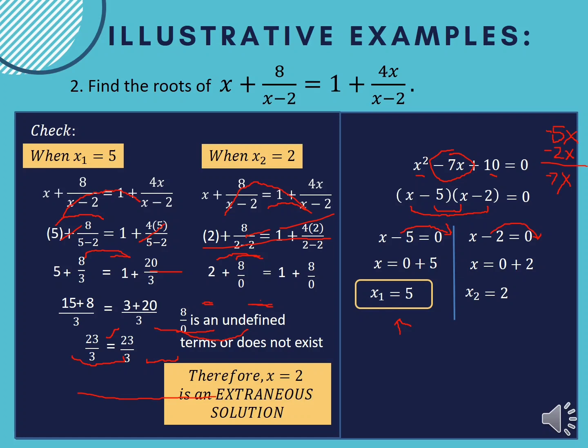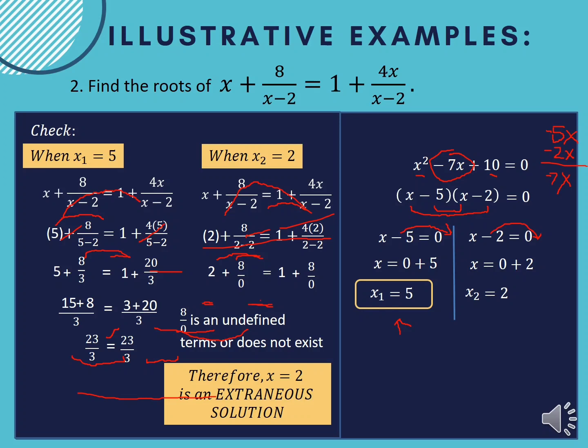Then, 2 minus 2 is equal to 0. Now, 8 over 0. Can we simplify it? What is 8 divided by 0? Okay, that's correct. 8 divided by 0 is an undefined term or a number which does not exist. Hindi po siya nag-exist.